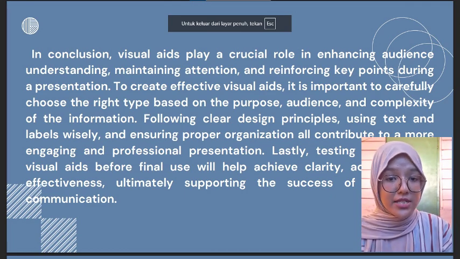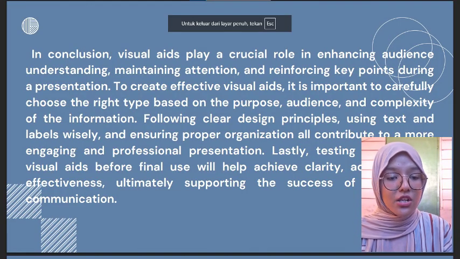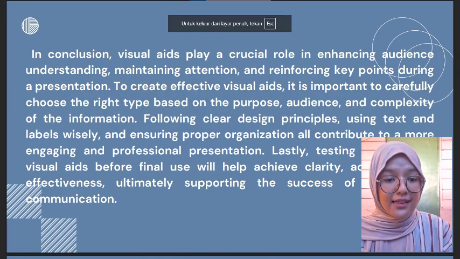Following clear design principles, using text and labels wisely, and ensuring proper organization all contribute to a more engaging and professional presentation. Lastly, testing and refining visual aids before final use will help achieve clarity, accuracy, and effectiveness, ultimately supporting the success of the overall communication.